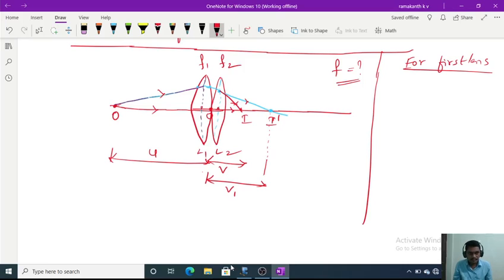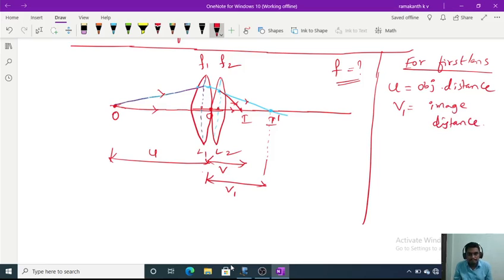So for the first lens, the object distance is u. For the second lens, next I'll write the image distance. V1 is the image distance.